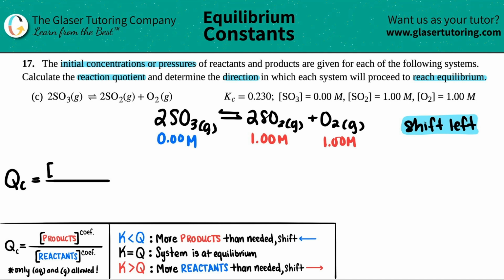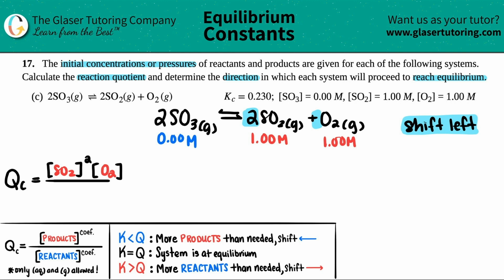So we got SO2. And since there's a 2 here, I'm going to raise it to the second. This times the O2, and raise that to the first. There was no number here, so technically it's raised to the first, right?